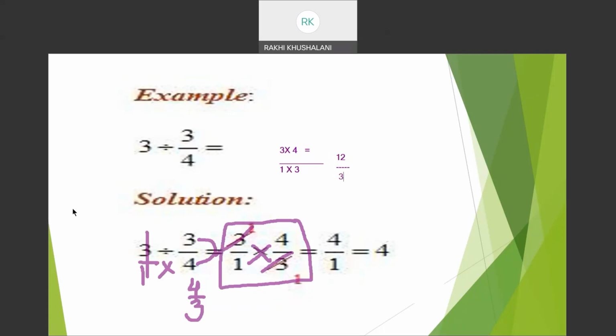When I do that, 3 into 1 is 3 and 3 into 4 is 12. So the answer is the whole number 4. I hope you all understood this. We are going to see more examples.